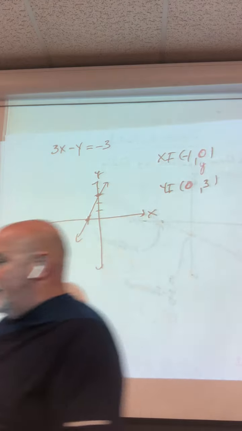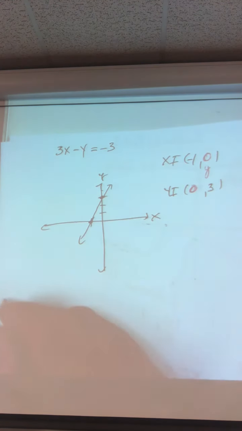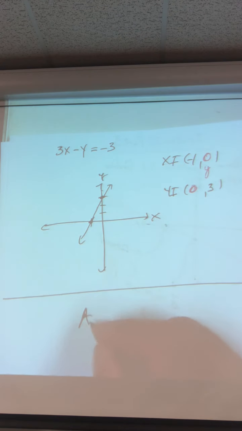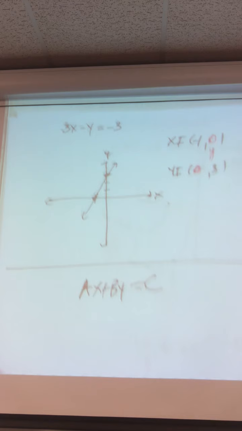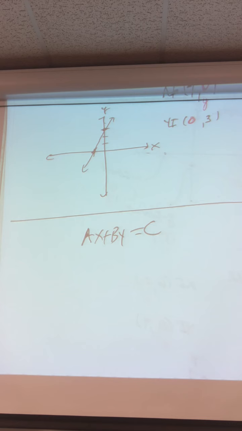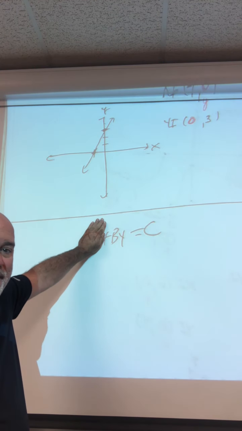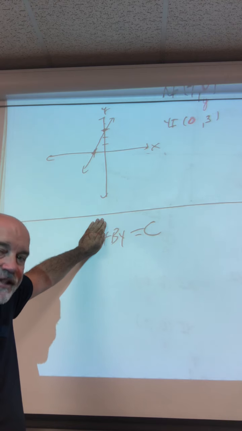Okay, now, still in this same section, if you will remember, I told you when we started this that a linear equation in two variables is an equation that has two letters in it. But if you remember, I said this: if one of the letters is missing, it's still a linear equation.